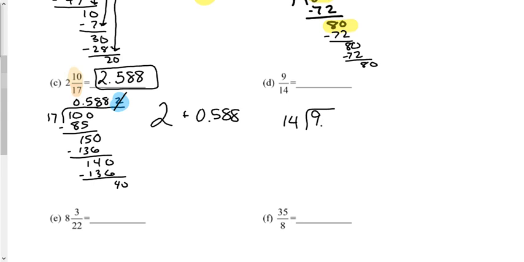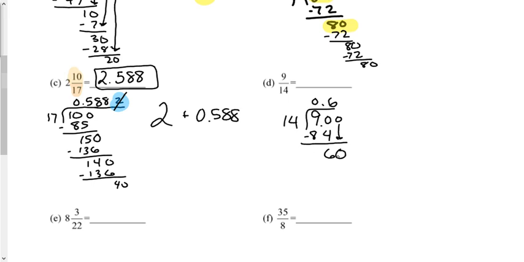14 doesn't fit into 9, but it does fit into 90. Okay, so 14 goes into this, looks like we're going to 6 times. So 24. We get a 6, and then we'll just bring the next 0 on down.